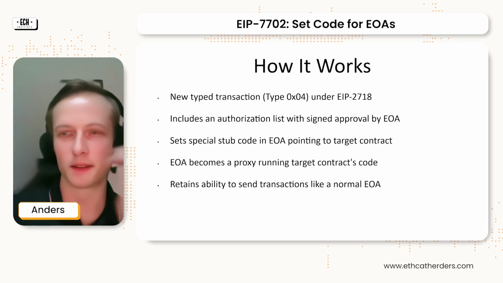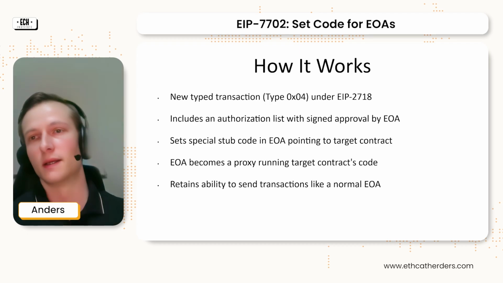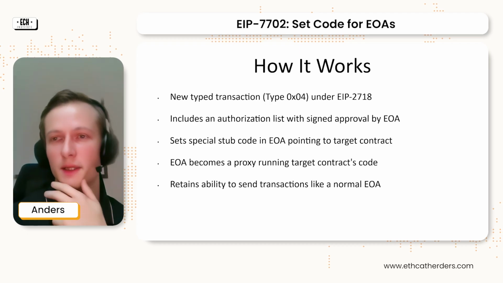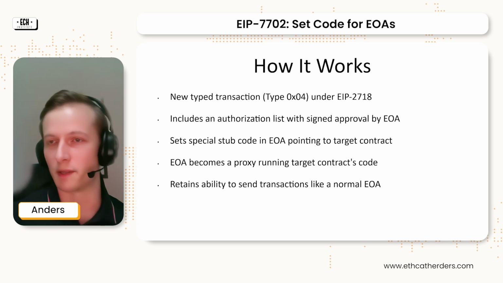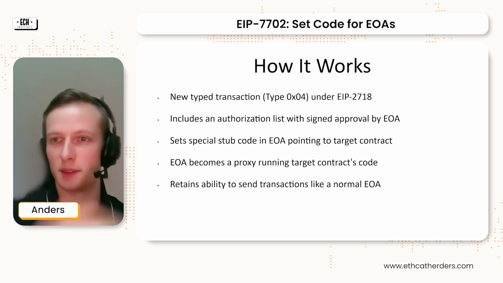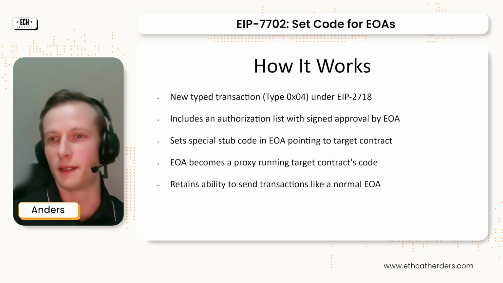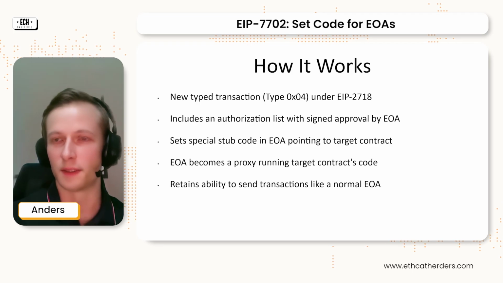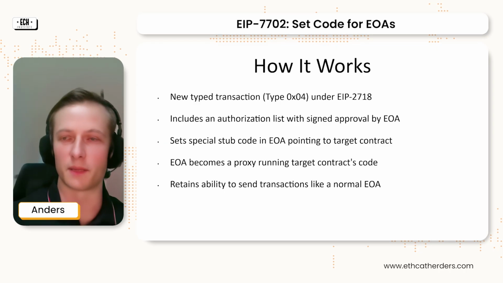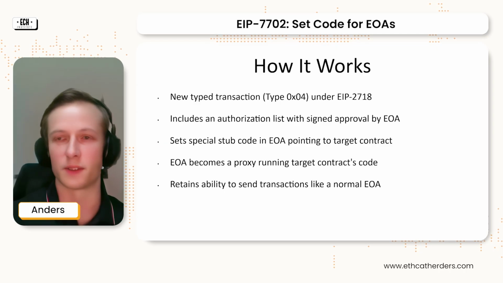And then another key thing is that, contrary to a normal smart contract wallet, which would be just a standard smart contract made specifically for being a wallet, a delegated account still retains the ability to send transactions and sign transactions. A smart contract can by definition not sign a transaction.